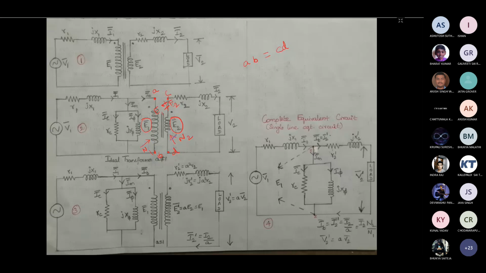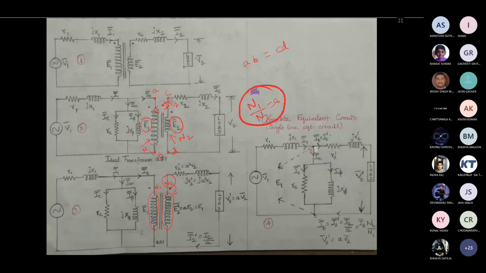How am I going to do this? You can see N1 is a large number of turns, N2 has fewer turns. Here I made both the turns the same. N1 stays the same, and N2 I made equivalent to N1 by a certain factor, that is N1 by N2 is equal to a.